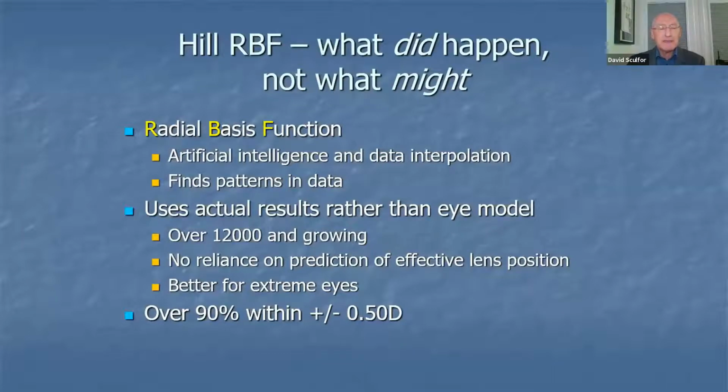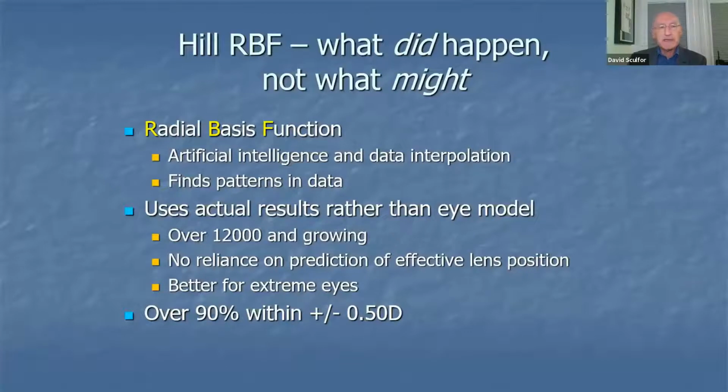And that makes it much better for extreme eyes, because it doesn't rely on predictions, it relies on what actually happened in real patients. And a lot of people around the world now are getting over 90% of their patients within half a diopter. The average for the UK in NHS surgery not that long ago was somewhere around 65%. So we've got a long way to go before we're hitting those sort of levels.